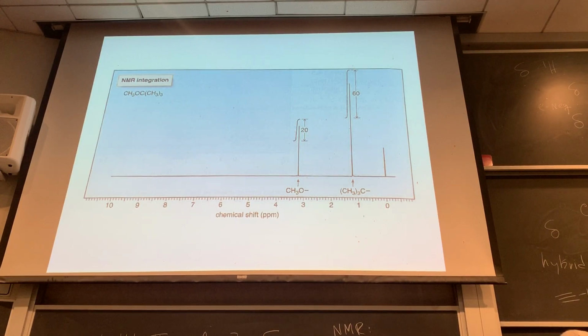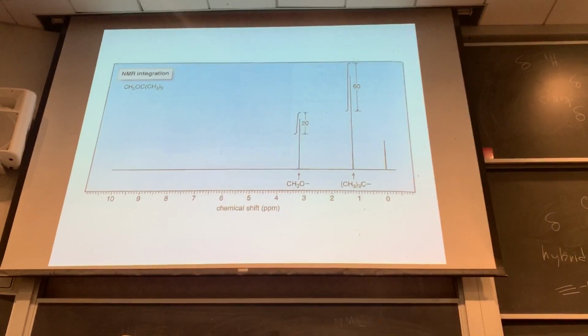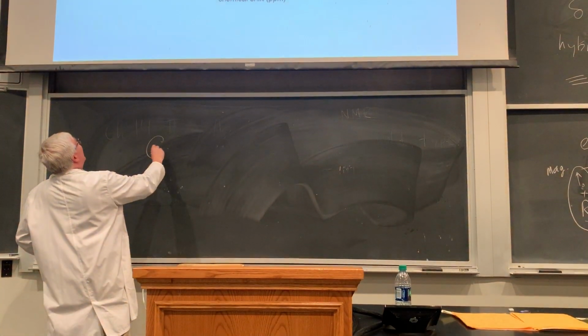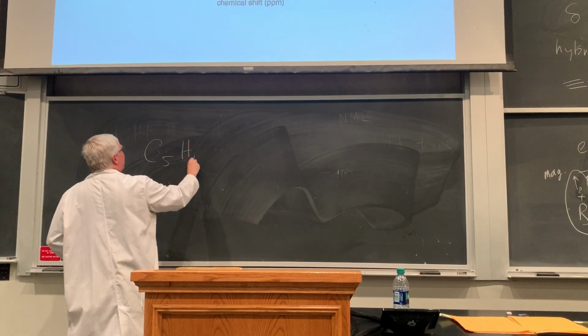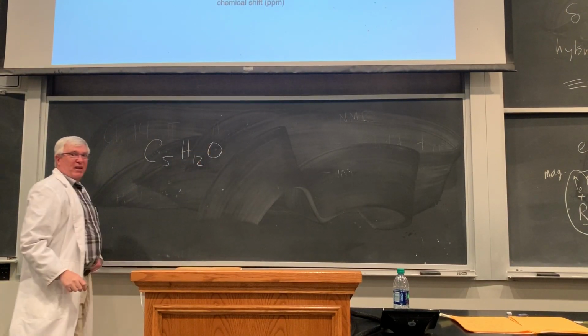And you have to know something about the formula and figure things out here. So let's look at the formula of what we might expect for this molecule and see if we can make sense of the data here for integration. So how many carbons do we have? C5, H12, O. Okay.